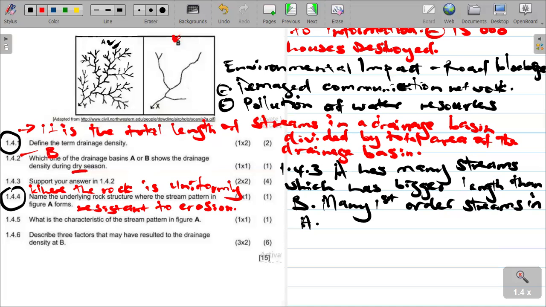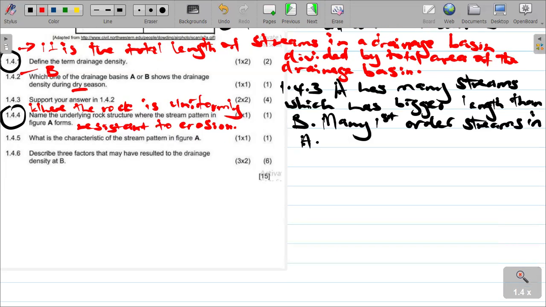We can have such a type of drainage pattern: the dendritic drainage pattern forms in homogeneous rock structures which have the same properties. And then, what is the characteristic of the stream pattern in fig A?